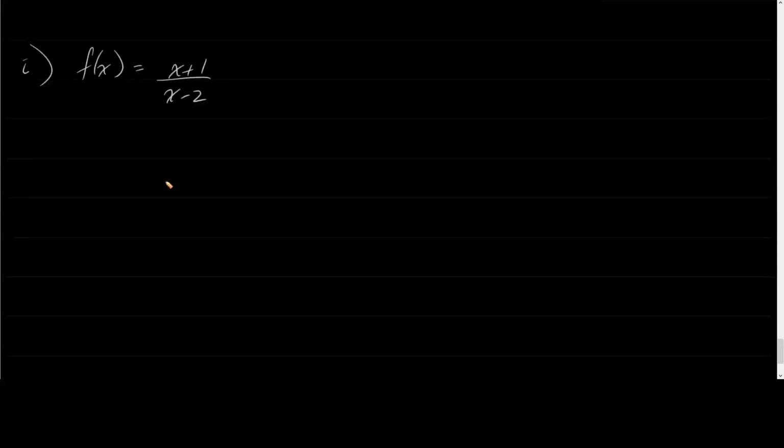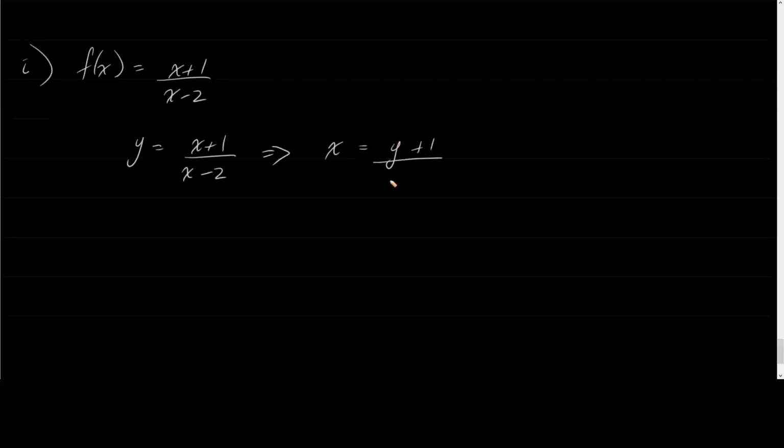All right. So once again, the very first step is rewrite this as y equals x plus 1 over x minus 2. Next, replace all the x's with y and the y's with x. So we have x is equal to y plus 1 over y minus 2.